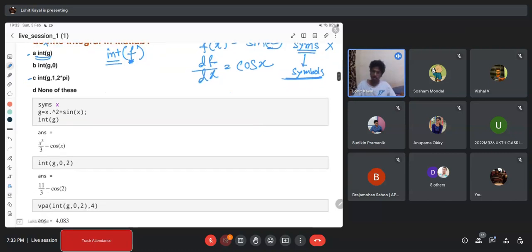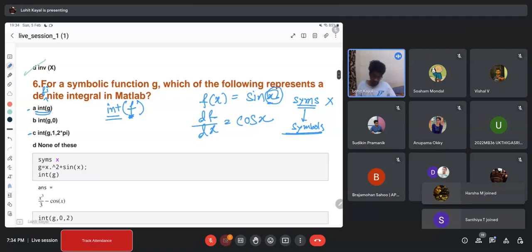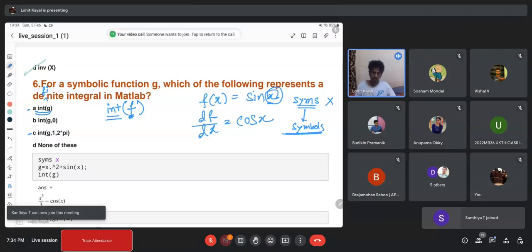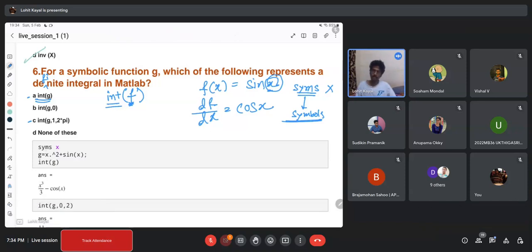Otherwise it will not be possible to use int of g. There are many other symbolic tools which you will get to know as the course progresses. This is why we have to mention to MATLAB that x is a symbol, not any arbitrary number. If you don't write this, it will show you an error, because MATLAB doesn't know anything. You have to mention it.